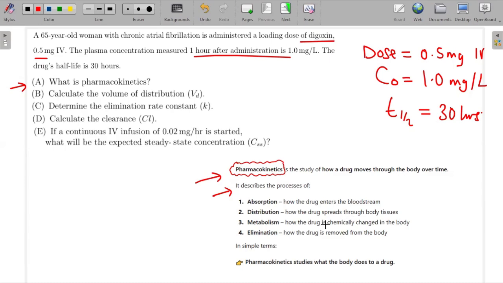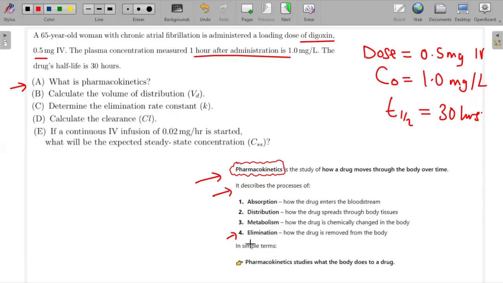And then three, metabolism. How is this drug chemically changed in the body so that it can actually help for whatever purpose that person is taking the drug for. And then after metabolism, the fourth thing is elimination. So how is this drug removed from the body?